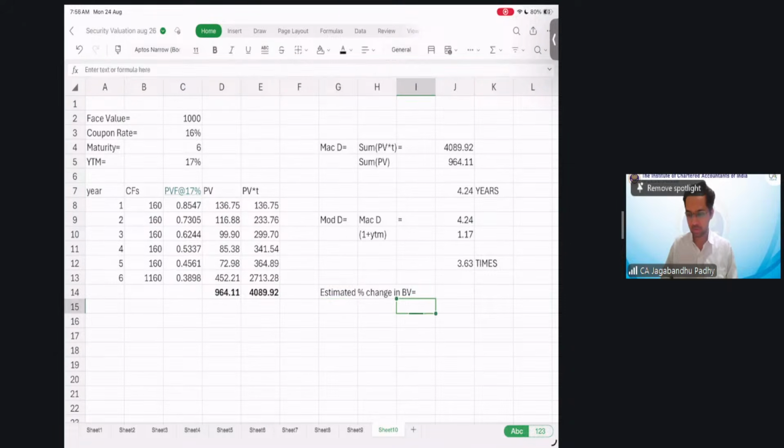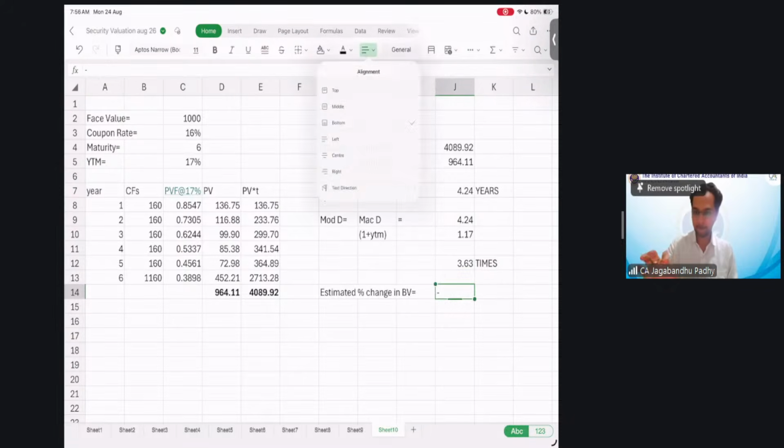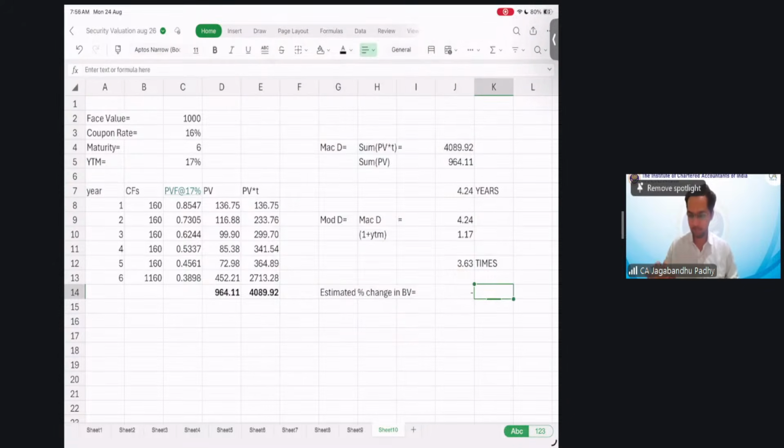Estimated percentage change in bond value will be, for a 0.75% change, minus modified duration into percentage change in YTM.